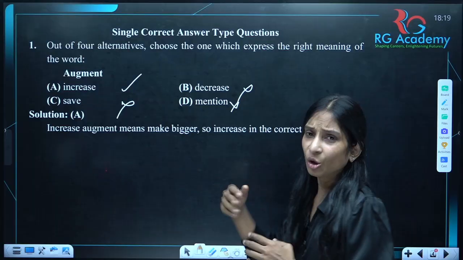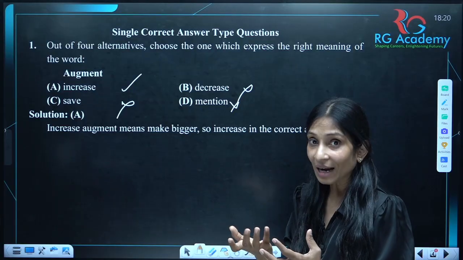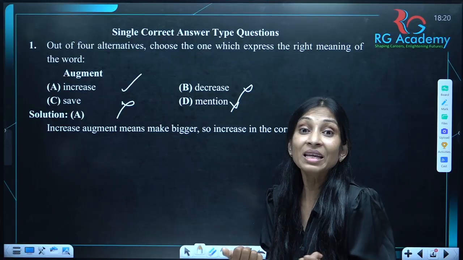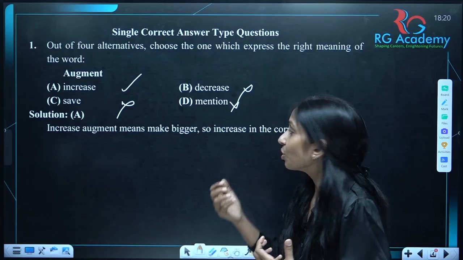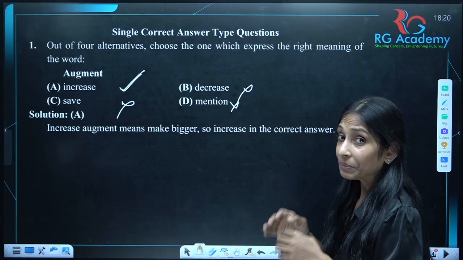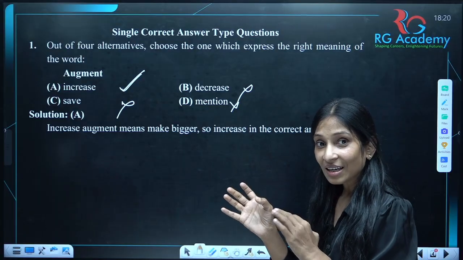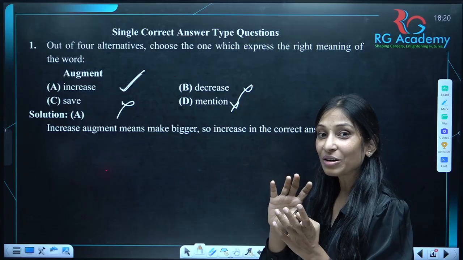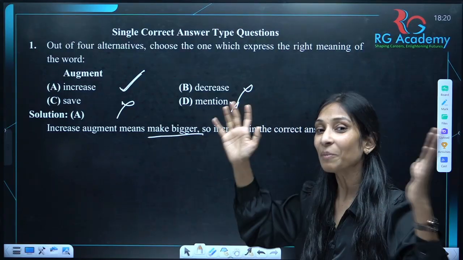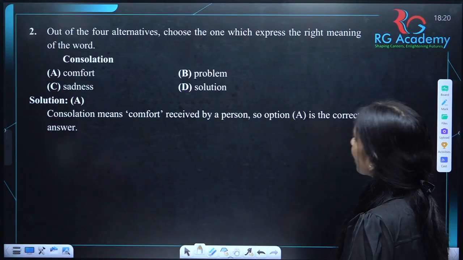And mention, no, it doesn't suit the meaning that we know of the word. So the correct answer of this question is increase. Okay, now augmented reality, increased or bigger or enhanced, as I told you, it means to make something bigger, right? So let us see the second question.